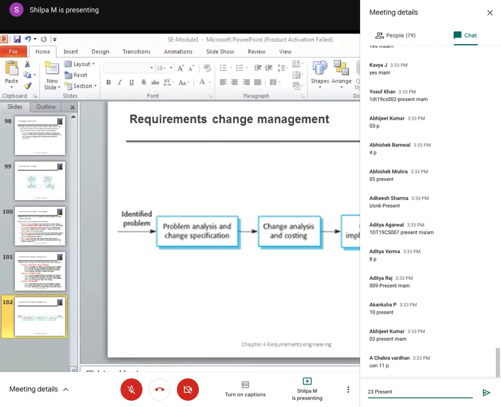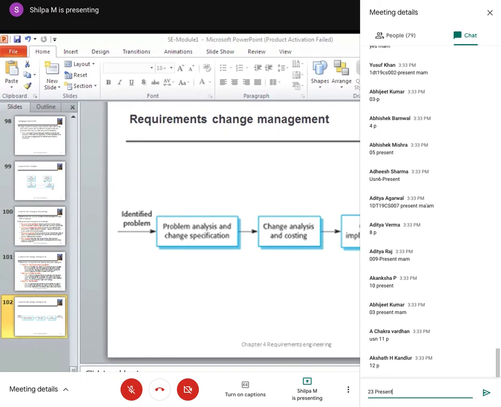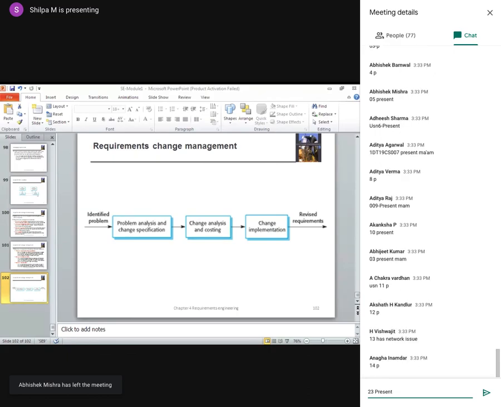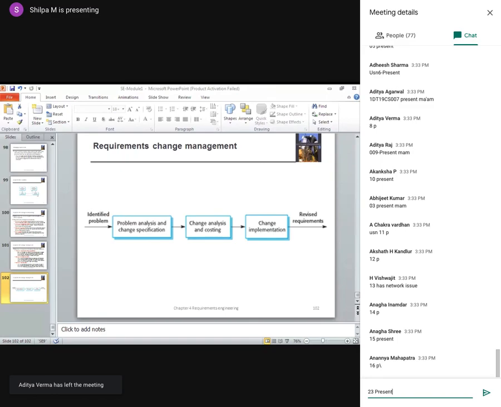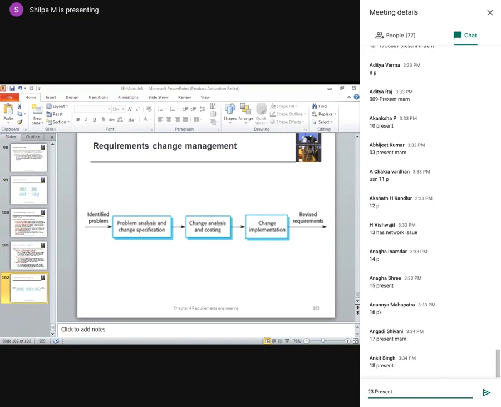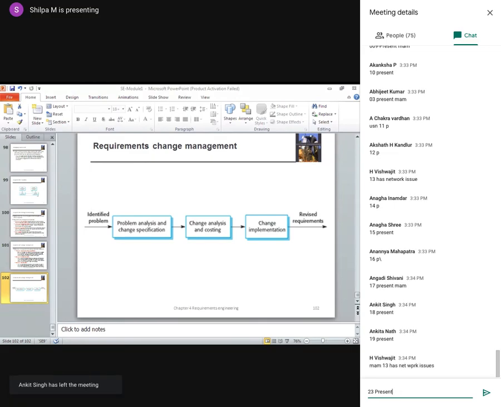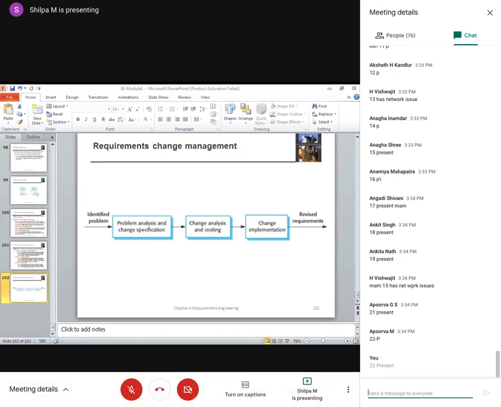Nine. 10, 11, 12, 13. 13 is absent, okay. 14, 15, okay. 16, okay. 17, 18, 19, 20. Yes, sir. 13 I marked you present. 21, 22, 23, 24, 25, 26.